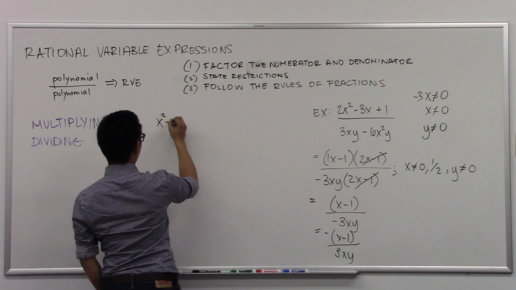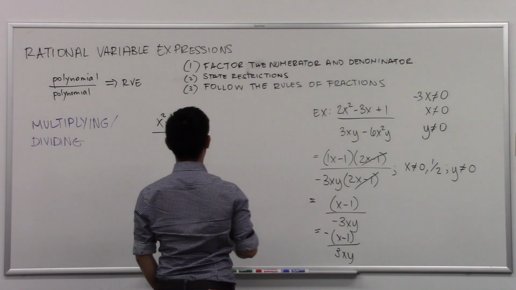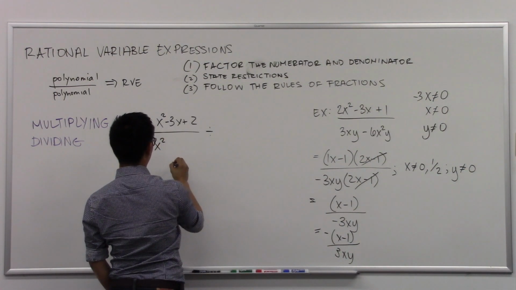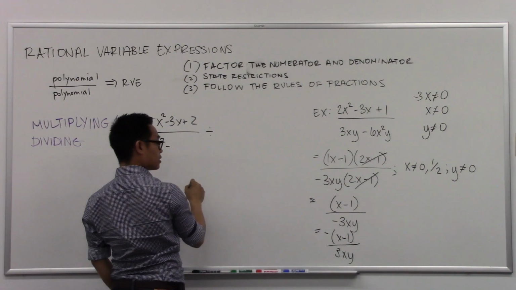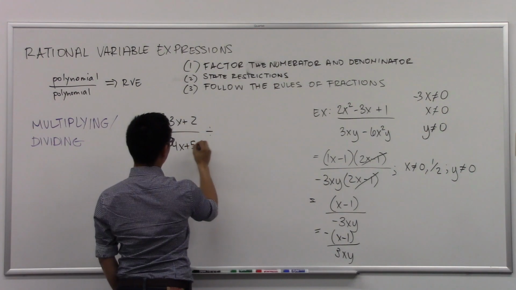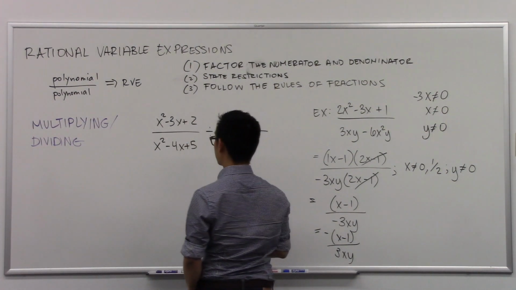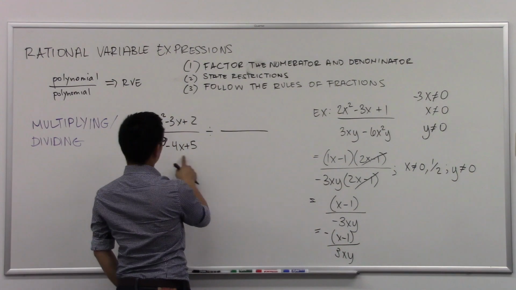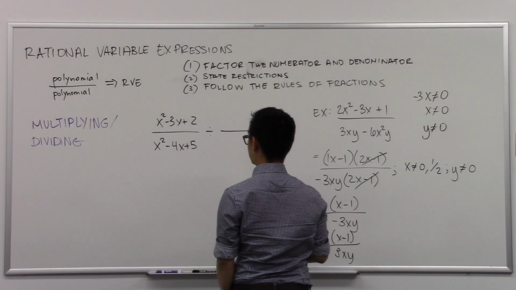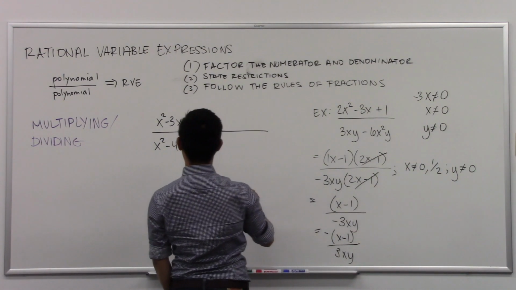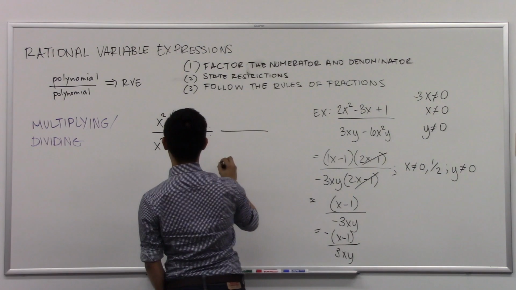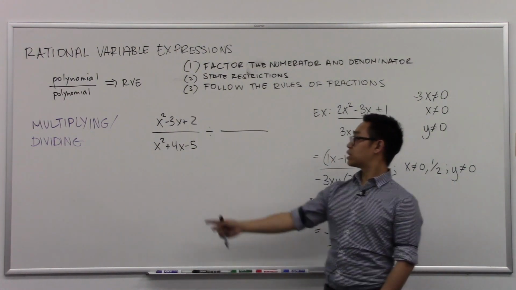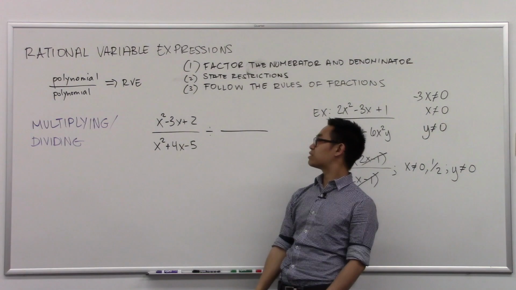Let's go x squared minus 3x plus 2 divided by x squared plus 4x minus 5. Sorry, this should be plus 4x and minus 5, right? X squared plus 4x and minus 5.